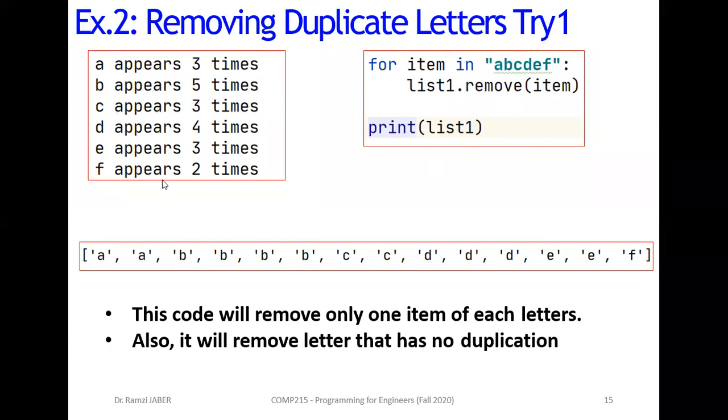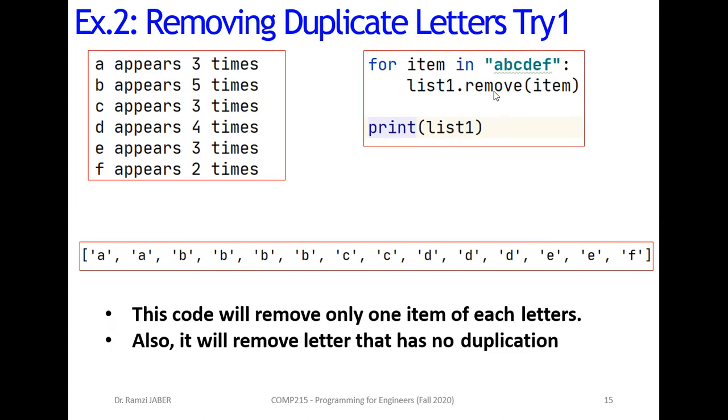Yes? So for try number 1, if we put for item, or any variable, in ABCDEF, list1.remove(item) and then print list1.